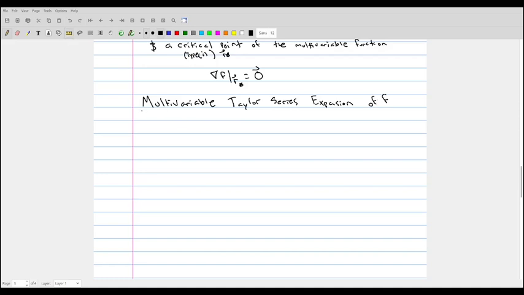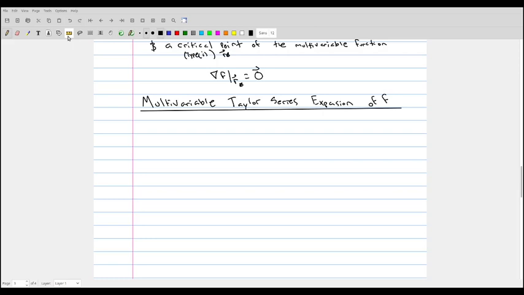Now, I'm not going to go over that in this lecture because it's a little bit long, and there are some interesting things from linear algebra that pop up when you want to express this multivariable Taylor series in the simplest way possible. But it turns out that this is the key to getting the second derivative test for multivariable functions.